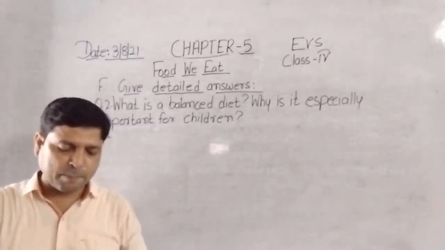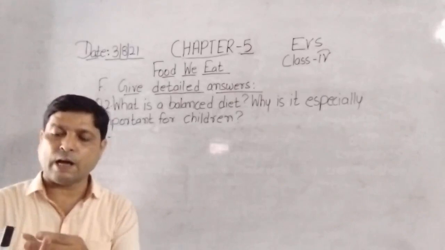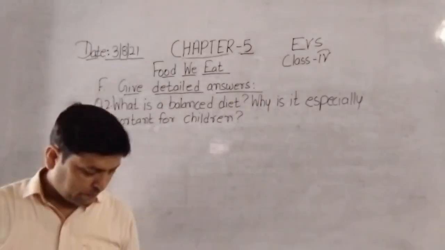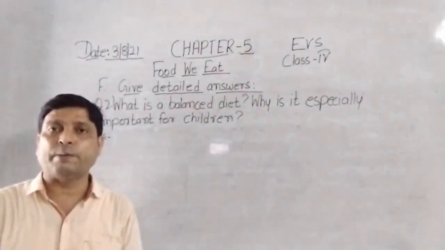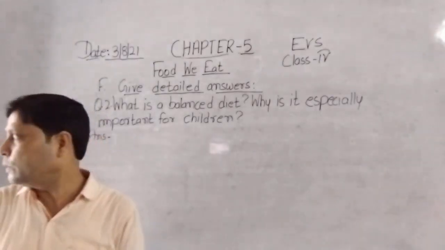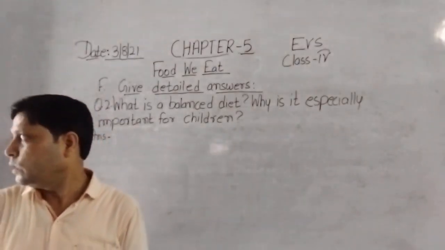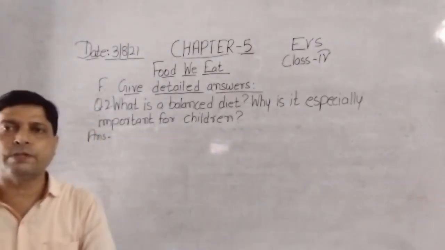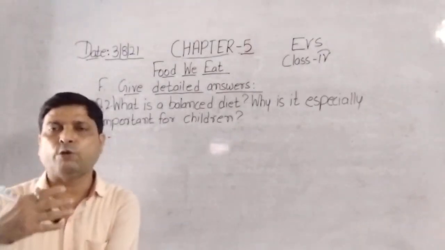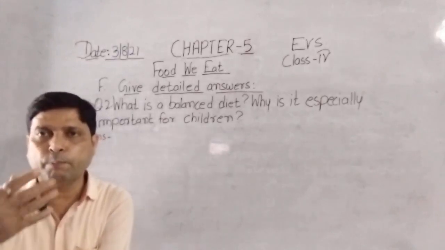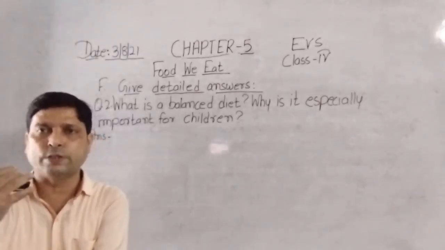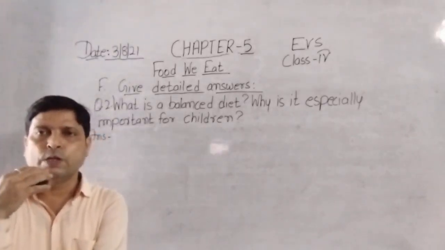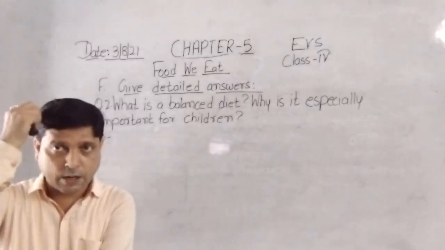Okay, in the same manner, protein is also very important, essential, because it helps in the growth and development of the body. Growth of the muscles, growth of the bones, your skin is formed, your nails, hair.